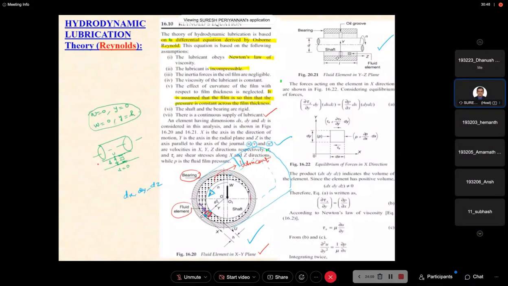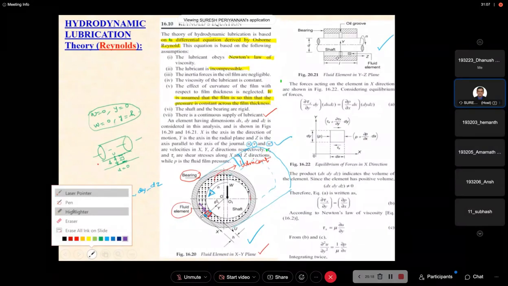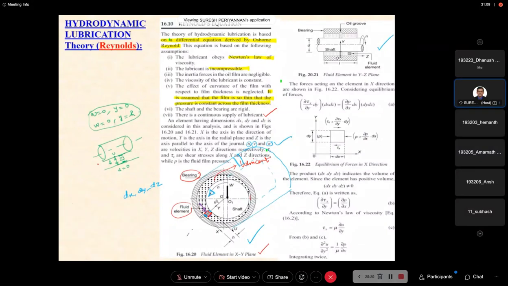Where I am pointing, is this region normal pressure or shear load acting on the fluid element while rotating the shaft in this direction? Is it normal load or shear load in this place? I draw it separately here. This is the fluid element I considered, right? Now this region is subjected to normal pressure or shear load.